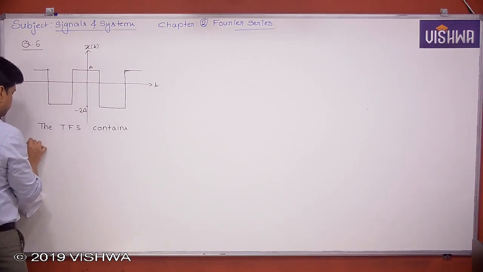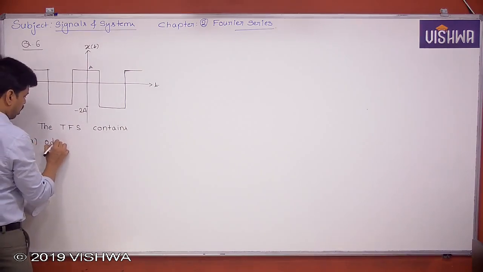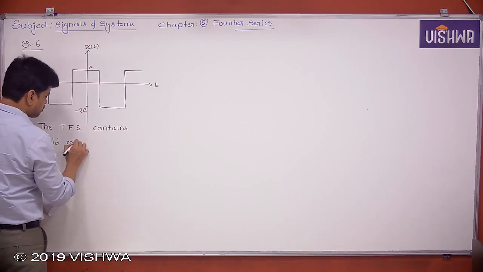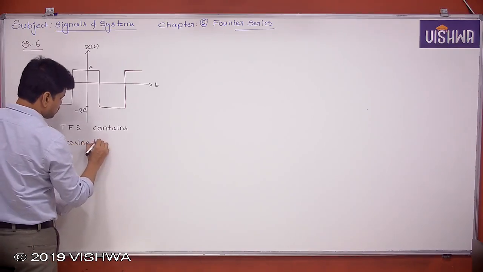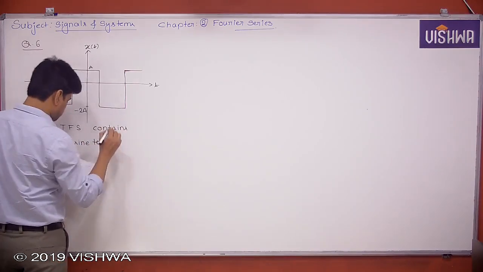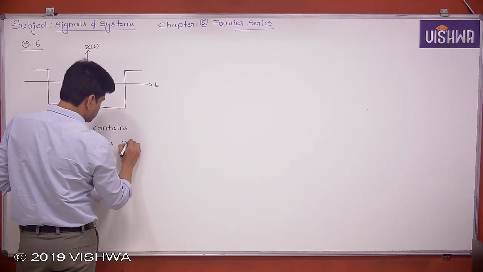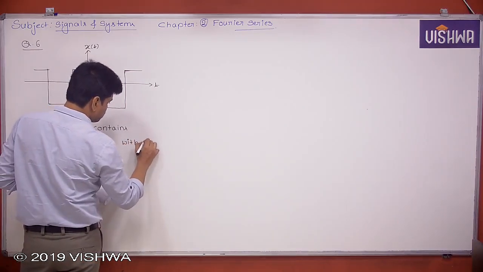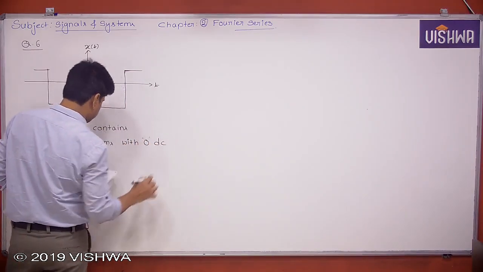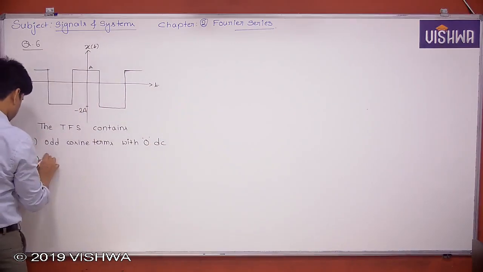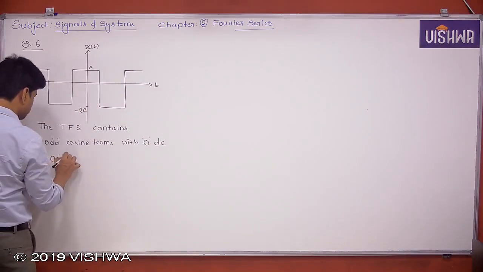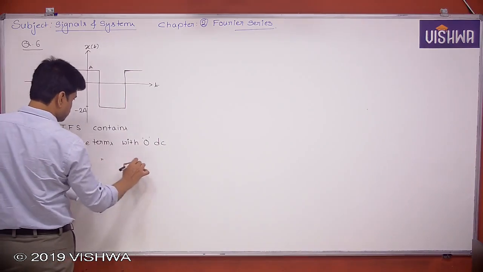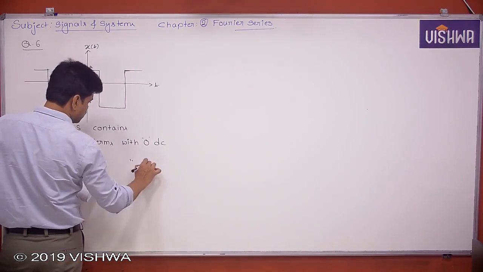Option A, odd cosine terms with 0 DC. Option B, odd cosine terms with positive DC.